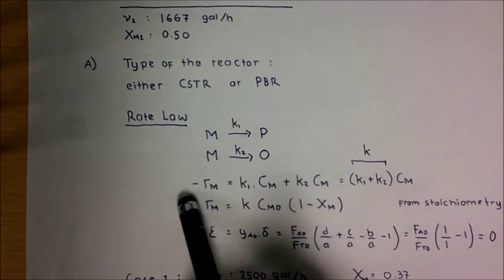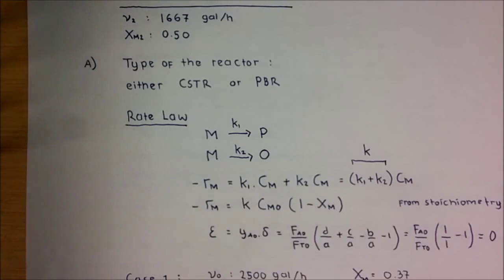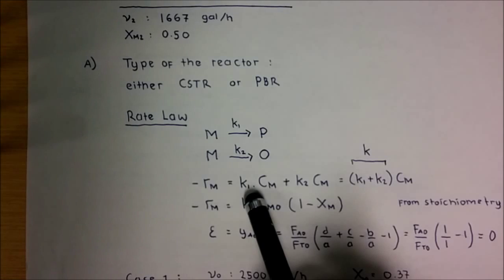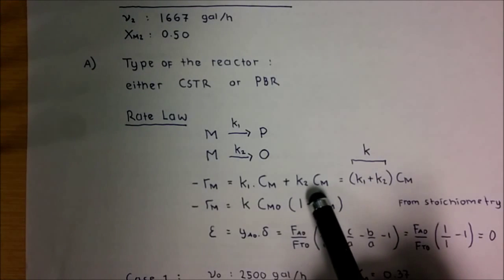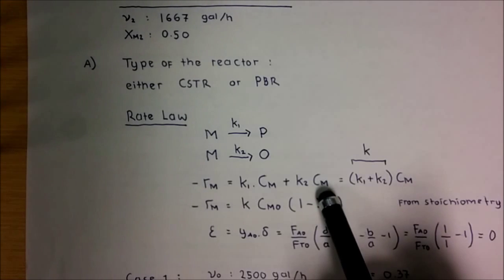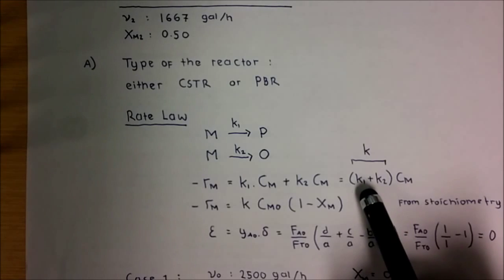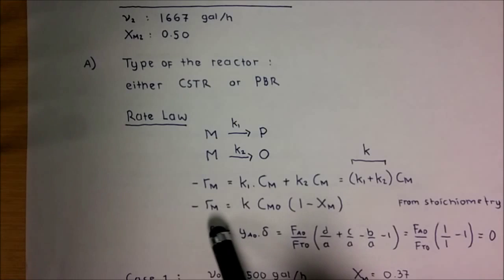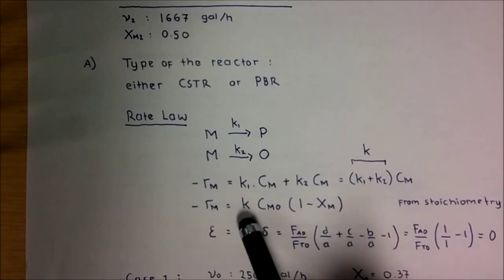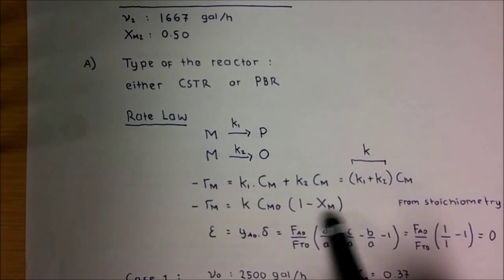If we write down the rate law for both reactions, we're going to have K1 times the concentration of M plus K2 multiplied by the concentration of M. If we combine the rate constants, we can just have K multiplied by Cm. And from stoichiometry, we can break it down. The rate law of Rm is going to be K times Cm0 times (1 minus the conversion).